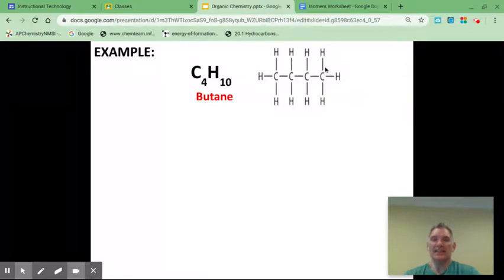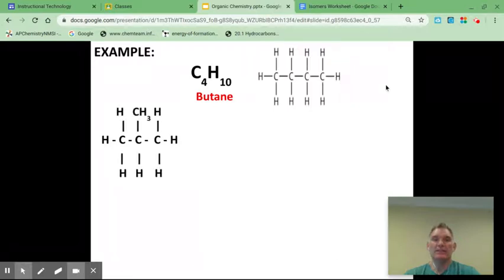So I'm going to take this carbon off and I'm going to move it in the middle. So watch what happens. Notice now, instead of going 4 carbons across, I went to 3 carbons across, and that extra carbon I now placed in the middle. And notice what we have now.